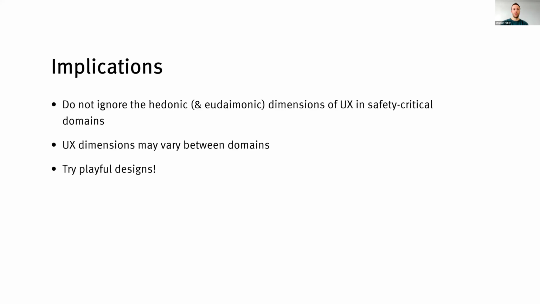So user experience may also vary between safety critical domains and has not been considered too much in the past, because most safety critical domains are rather expert domains that are more placed in the human factors paradigm, and not too much user experience, despite we're getting there, has been done in the past.